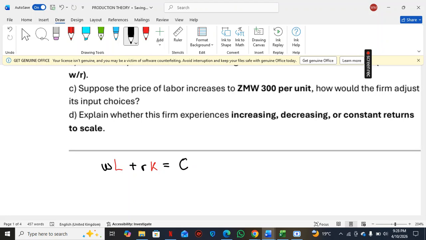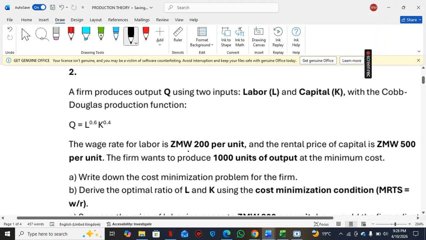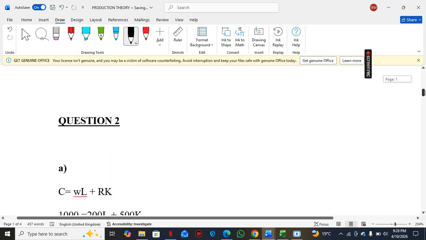Our wage rate has been given to us: 200 kwacha per worker. The rental price of capital is 500 kwacha per unit. So we just substitute here.